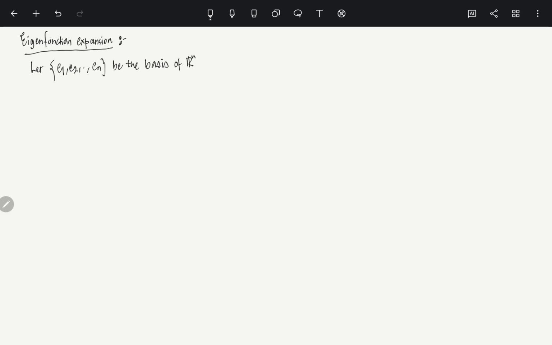Is it okay? And then if this is the case, then for every x in Rn, there is a unique choice of constants.